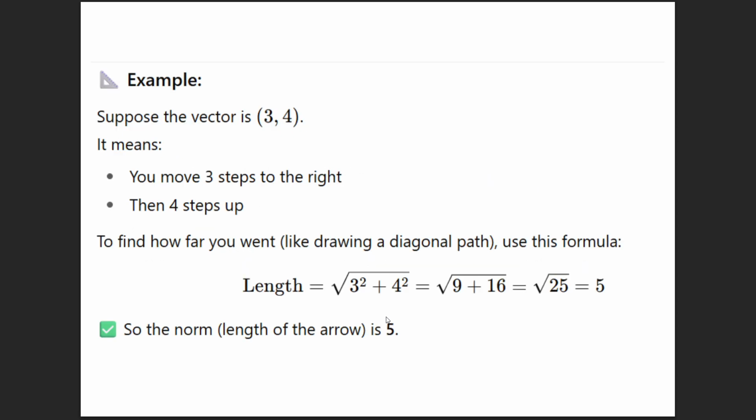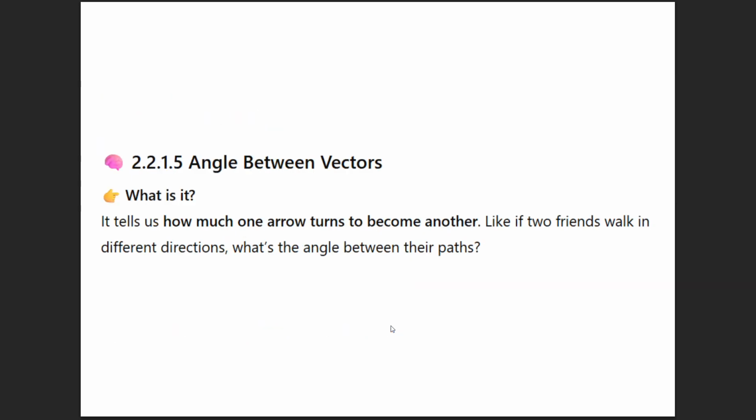For example, if you are moving three steps, suppose the vector is (3, 4), where 3 is steps towards the right and 4 is steps up, how will the length be calculated? Let us see in the next slide.